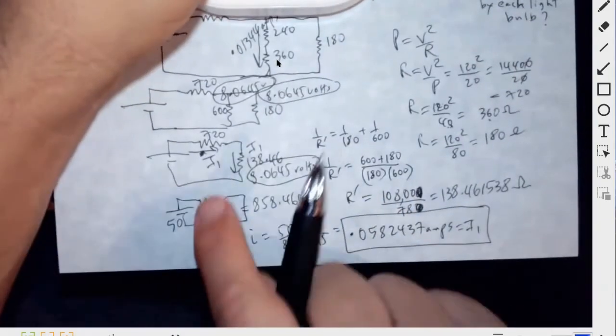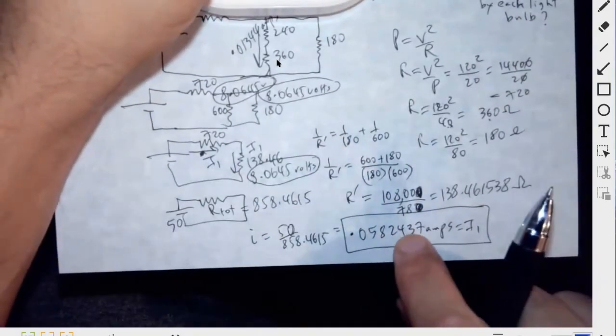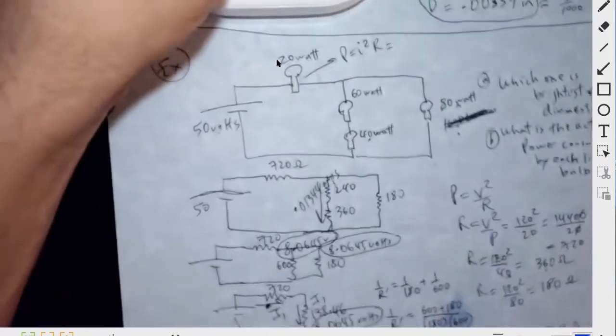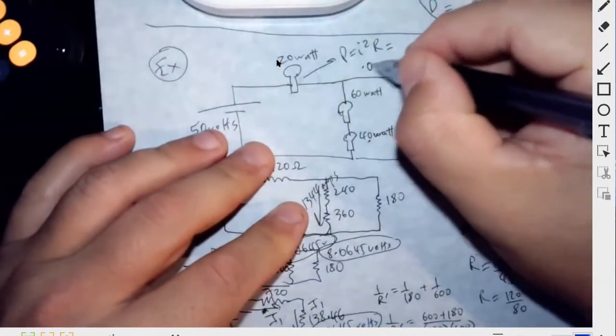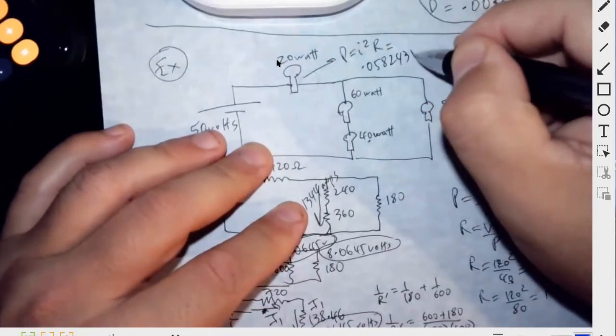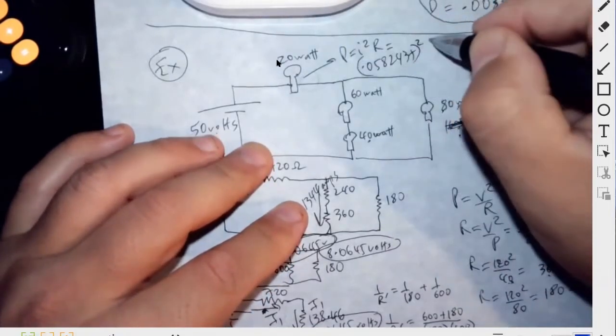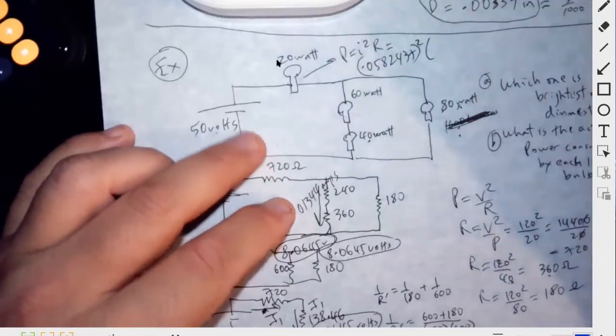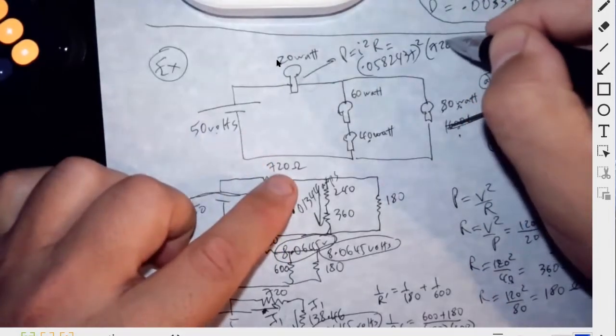The current was this guy, 0.0582437, squared, times the resistance, which was 720.